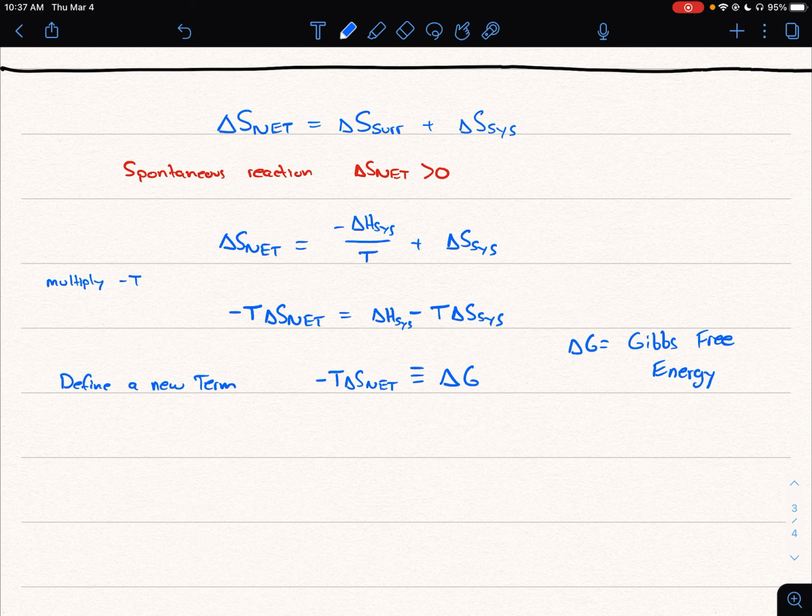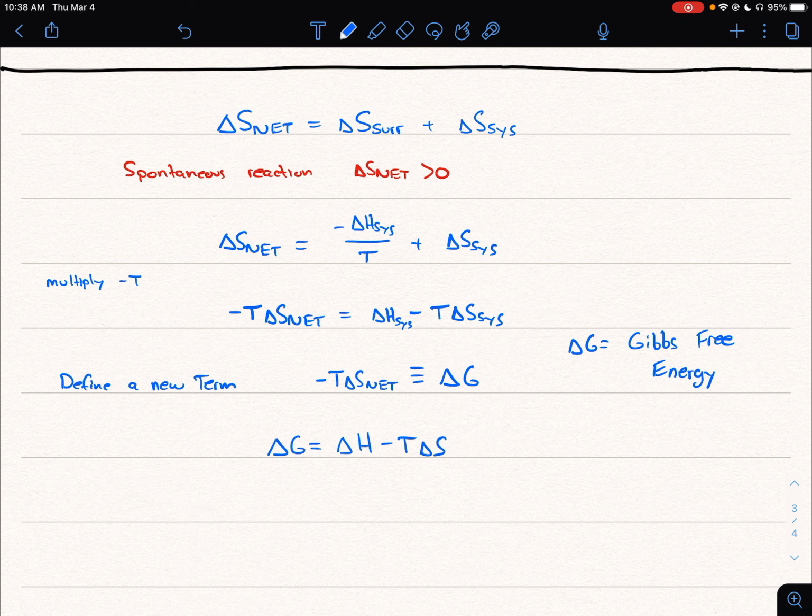When we look at that, we now have an equation where delta G is equal to delta H minus T delta S.